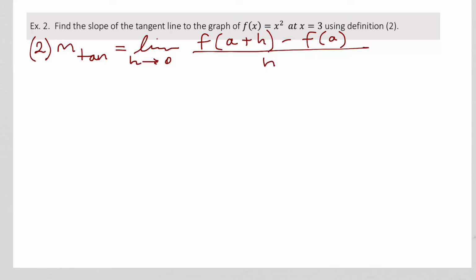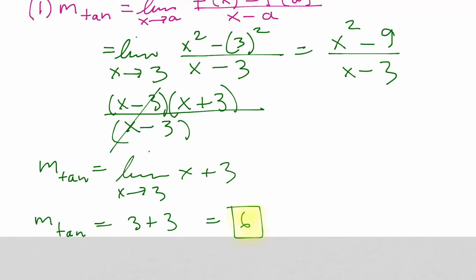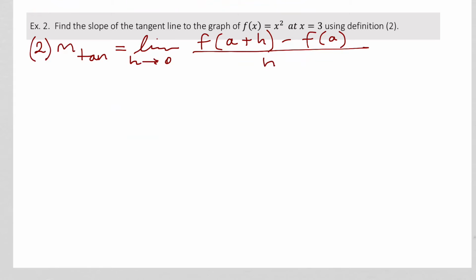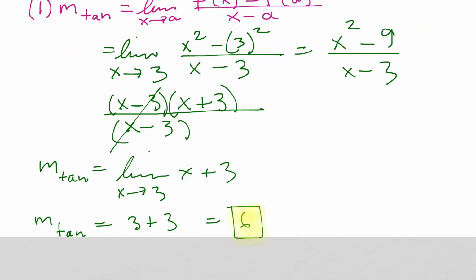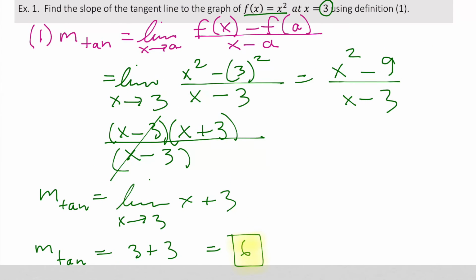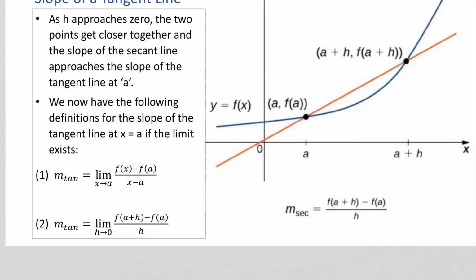So example 2, we're going to verify that we get the same answer, 6, by using definition 2 instead of definition 1, because we said that these two definitions are going to give you the same number, the slope of the tangent line. So let's just show that that works.